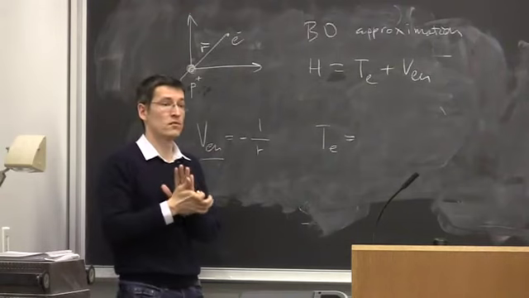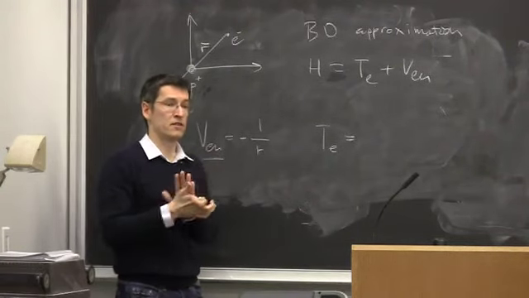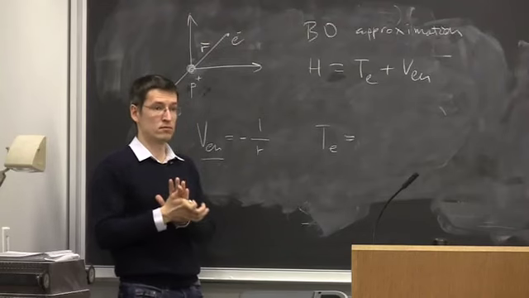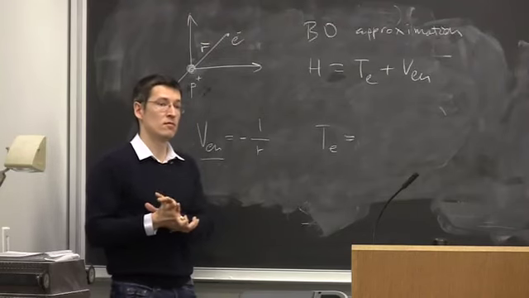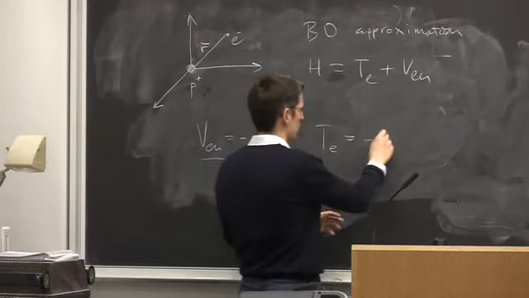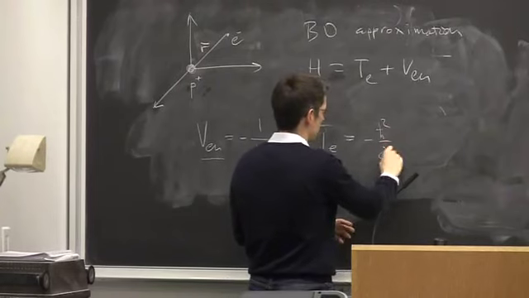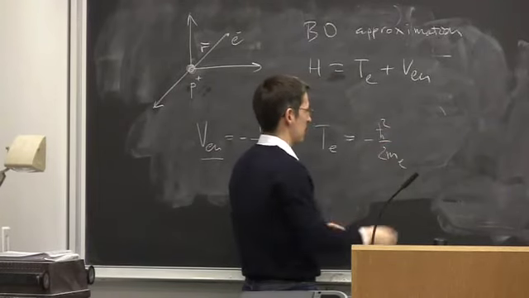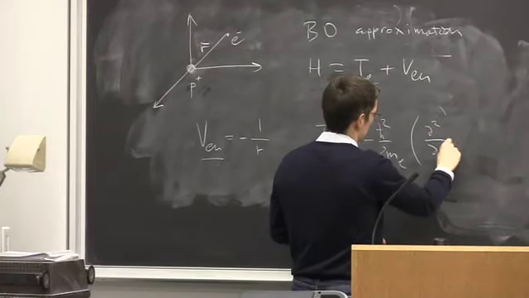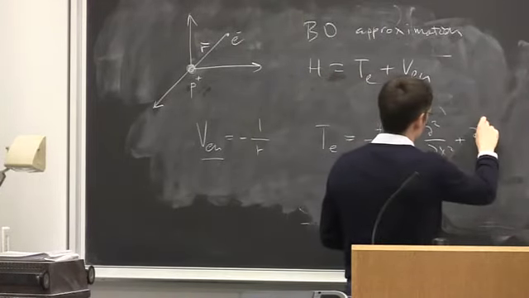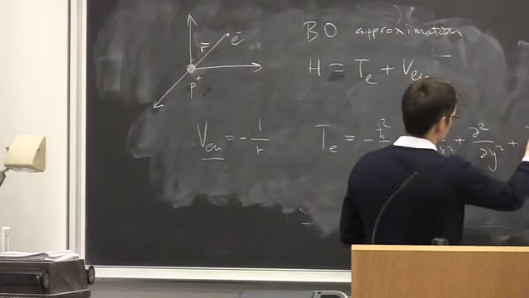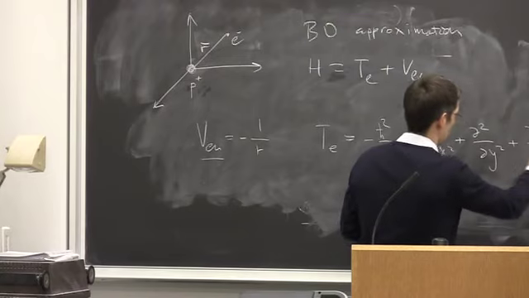Do you guys remember? 3-dimensional case. It's like having a particle in a 3-dimensional box. Pretty much. Right? Right. So it's minus h bar squared divided by 2m, where m is the mass of electron. And here we have Laplacian. Right?